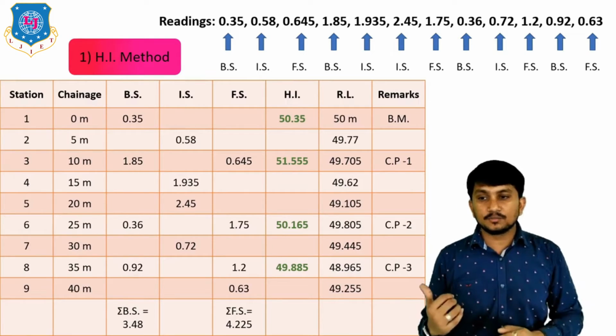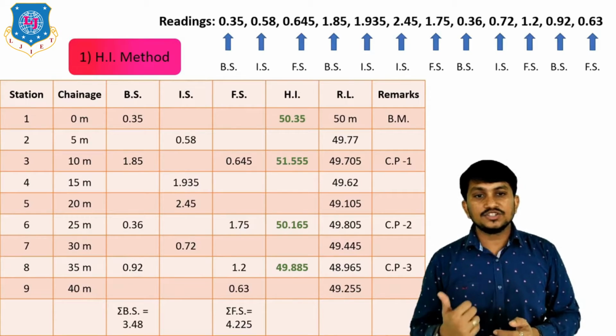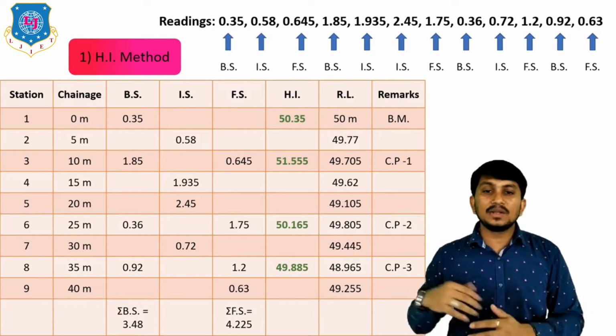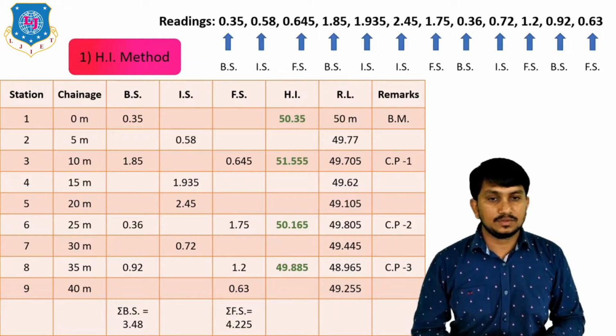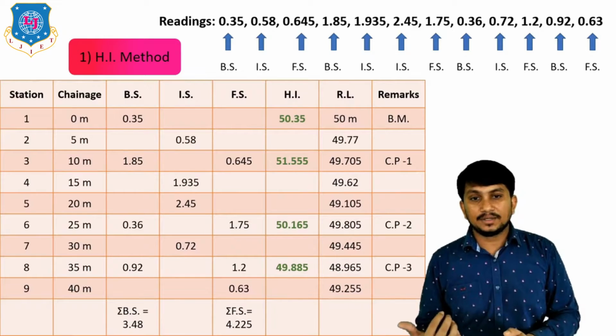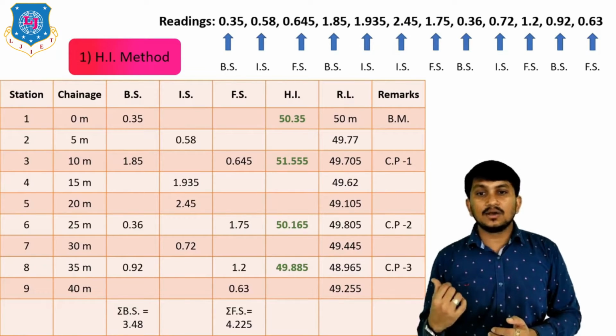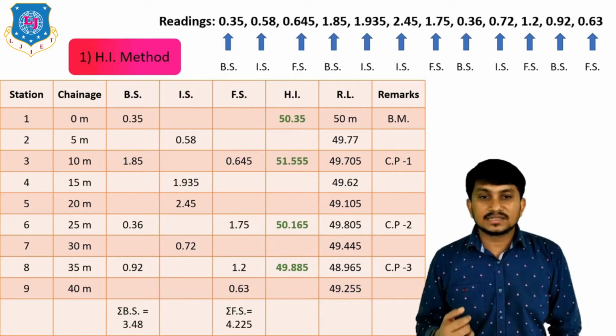Here also there is a changing point, so the new HI can be calculated. RL of changing point 48.965 plus BS 0.92 gives the new HI 49.885. To calculate the RL of the last point, station number 9, we deduct the reading of station number 9, 0.63, from the HI of that setup.